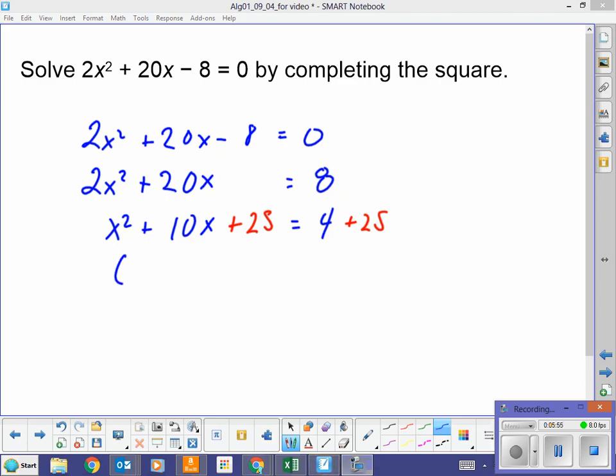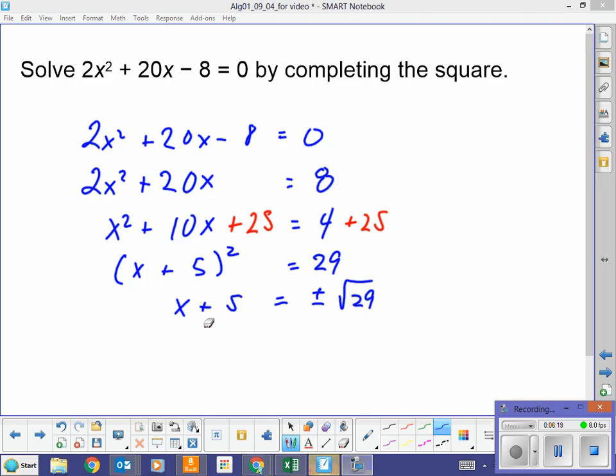Okay, so the factorization of the left side is (x + 5)² = 29. And then if I take the square root of both sides, I'll have x + 5 on the left equal to the positive and negative square root of 29.